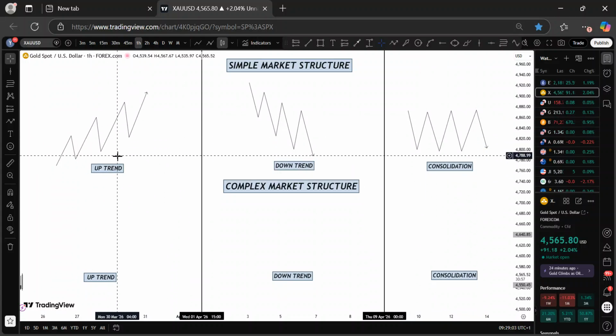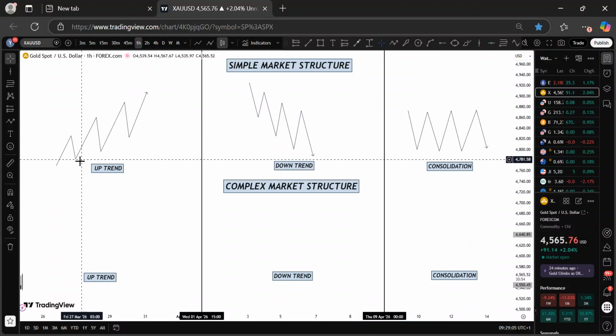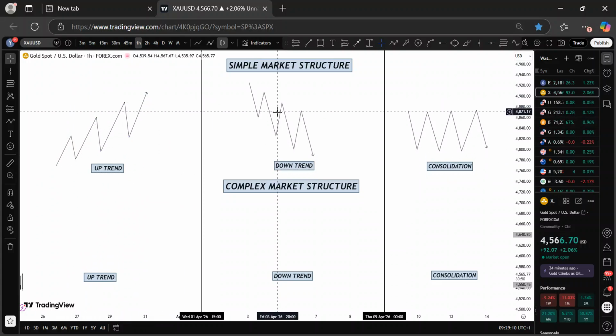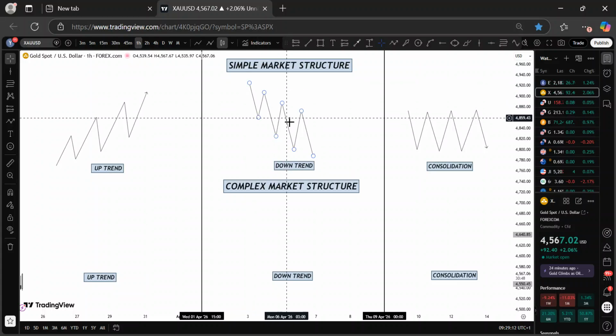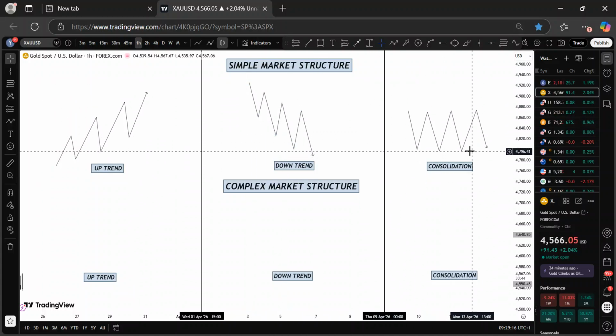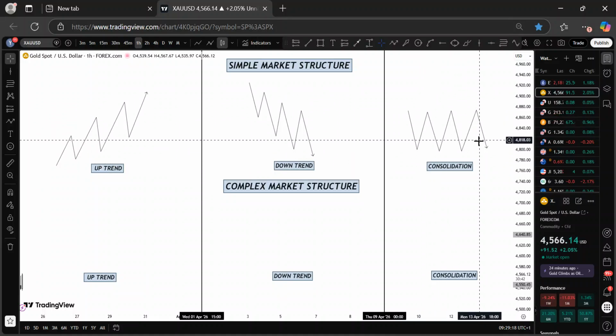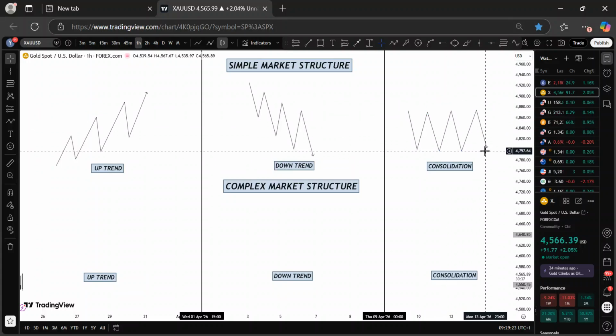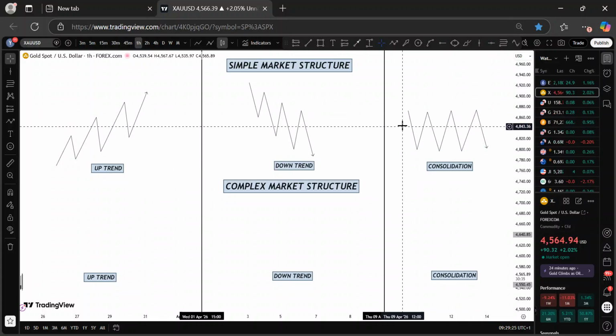You see here in an uptrend, that's why they call it uptrend. The market moves up. For a downtrend, the market does what? Moves down or comes down. But for a consolidating market, or consolidation, the market neither goes up nor down. It just creates a back and forth movement, or sideways movement. So that's why we call it consolidation.